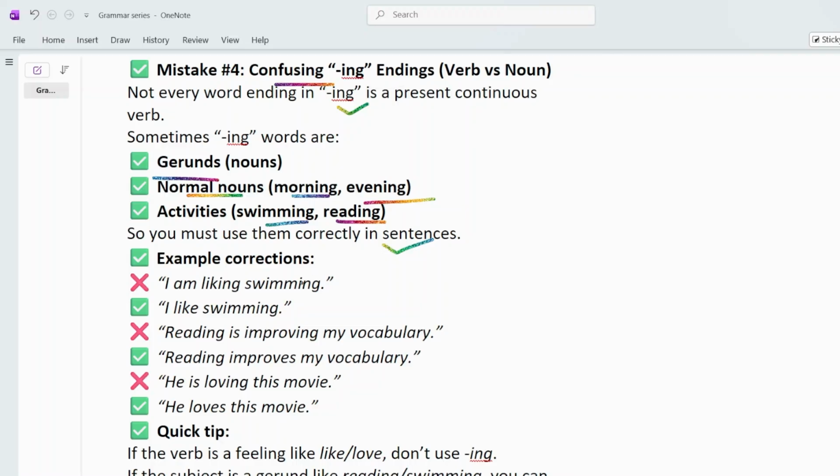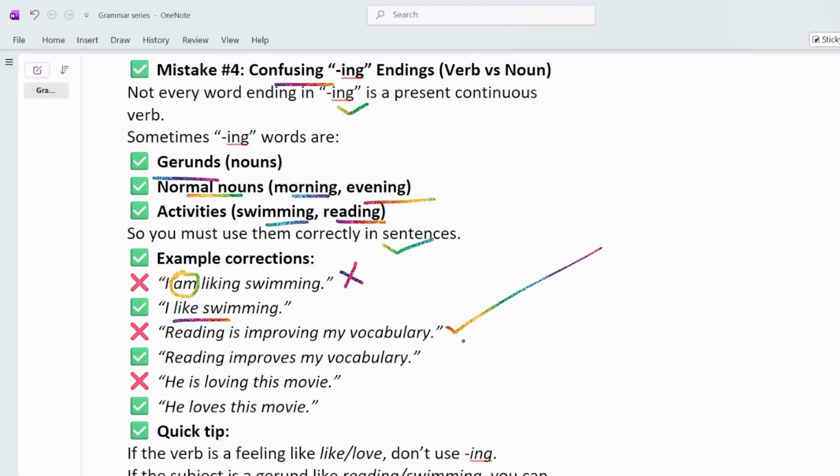For example, I am liking swimming. It's wrong, it's incorrect. I like swimming. Here, am is not going to play any role, your helping verb is not going to play any role. Next, reading is improving my vocabulary. Many people think this sentence is right.